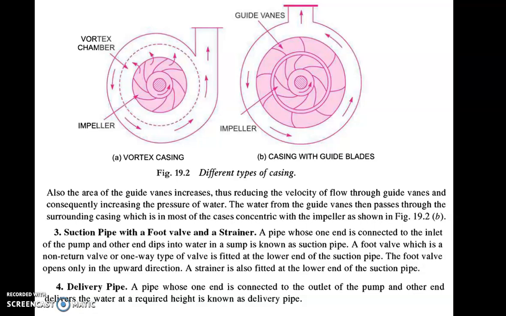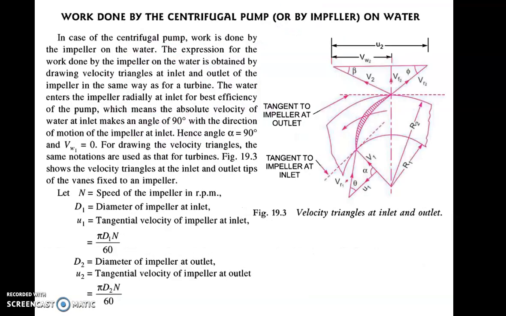The strainer is fitted at the lower end of the suction pipe so that it will not allow dust particles to enter the pump. Then the delivery pipe, we know, joins the pump outlet to the delivery side of the pump. So this is the construction.